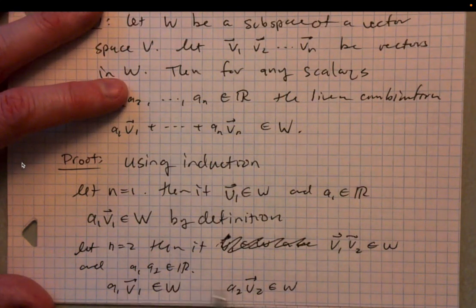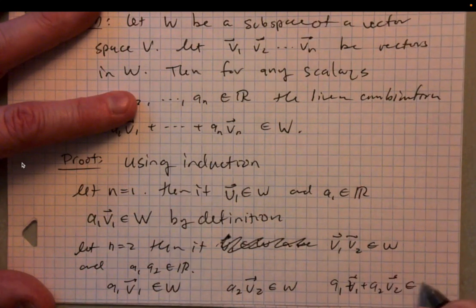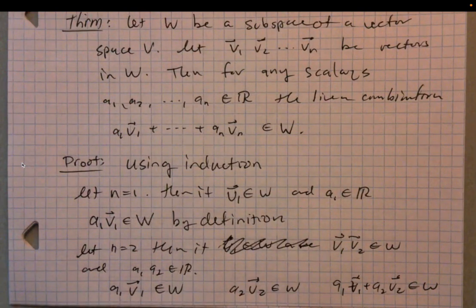So these are two elements in W. When I add them together, you get something in W as well, because I'm starting with two vectors in W, A1 V1 and A2 V2. When I add them together, I stay inside of W because W is a subspace.